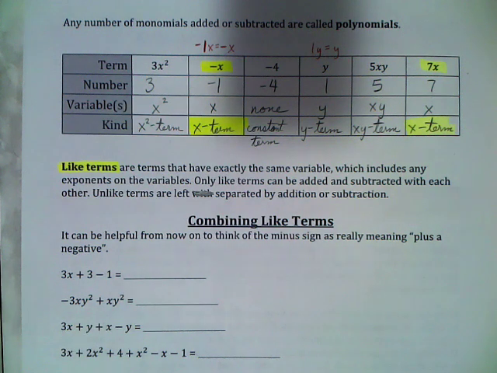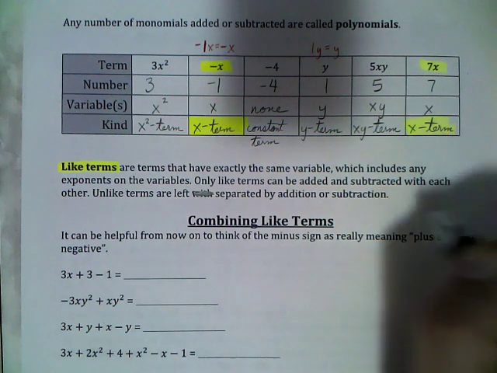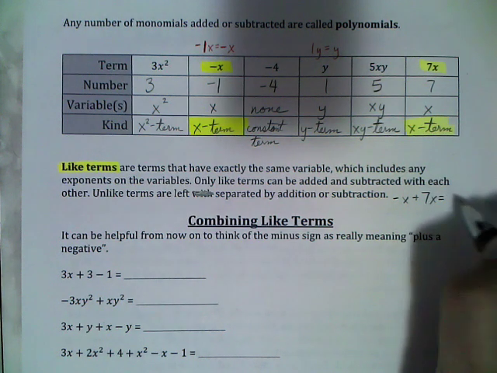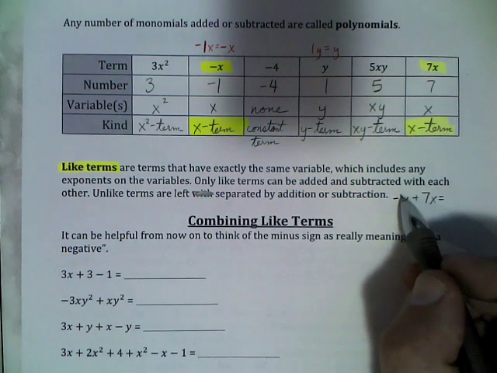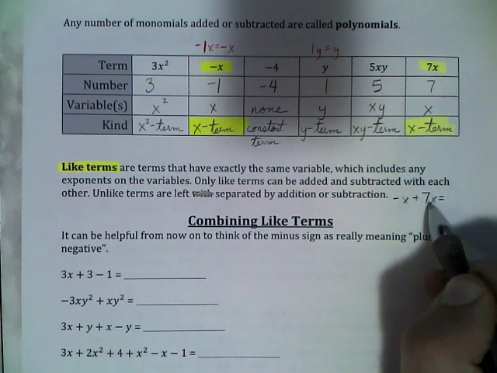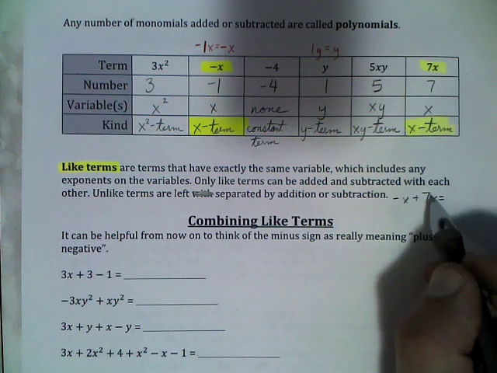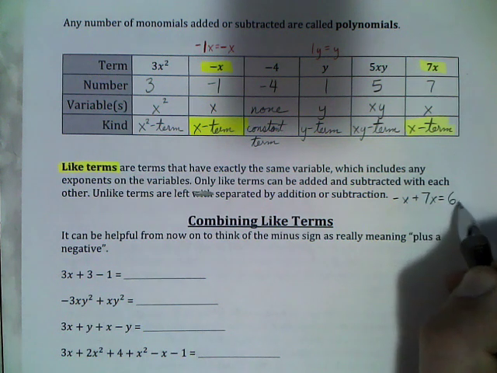From our chart above, those are the only two that are like terms, which means that you actually could add or subtract those together. And so if I had a negative x plus 7x, well, in that case, this is really a negative 1 plus 7. So since they have different signs, we'd subtract. So 7 minus 1 would be 6. Since the bigger one's positive, it'd be a positive 6x.